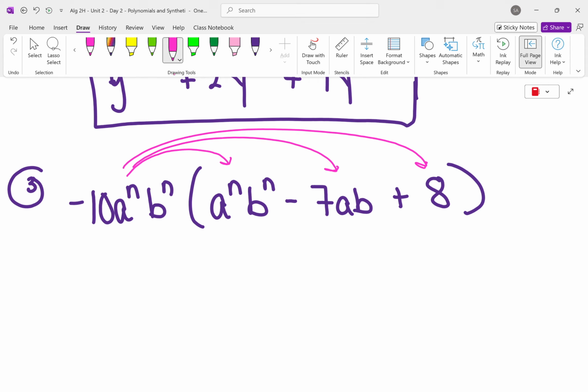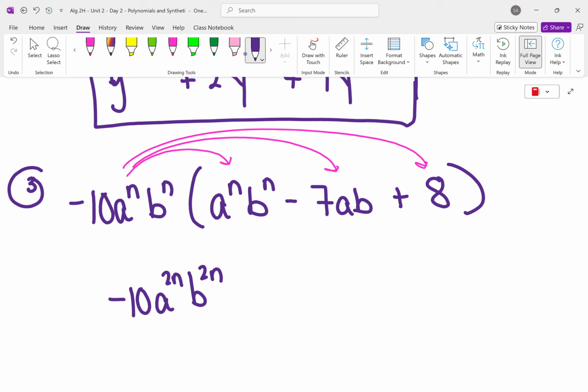So again, we have to distribute. So I'm going to get negative 10 a to the n, b to the n times a to the n, b to the n gives us negative 10 a to the what? 2n, b to the 2n.